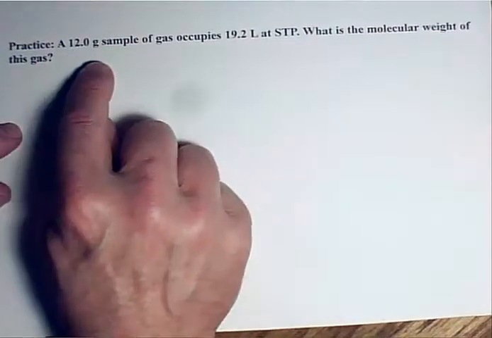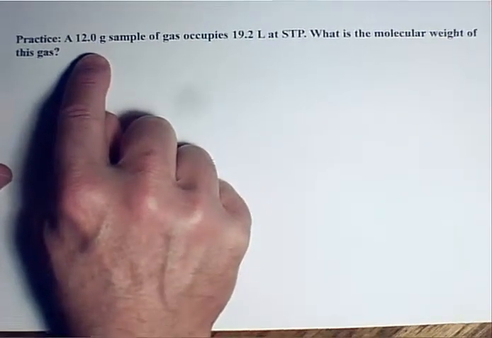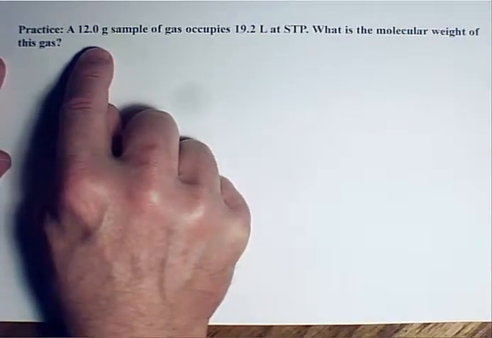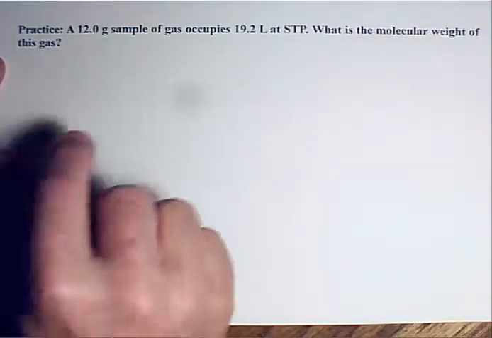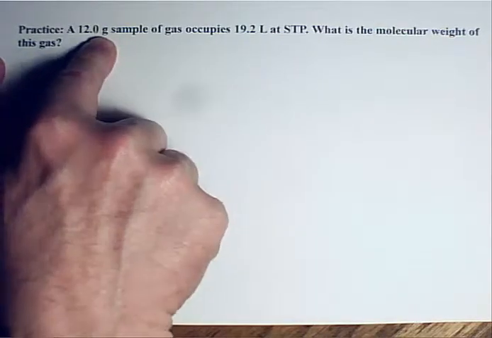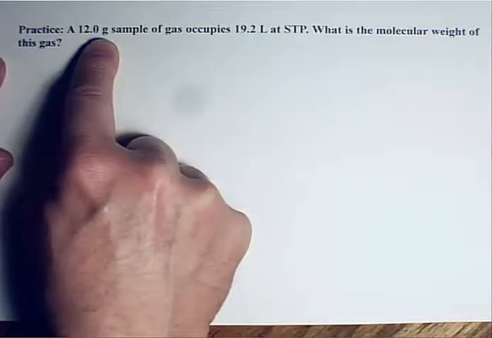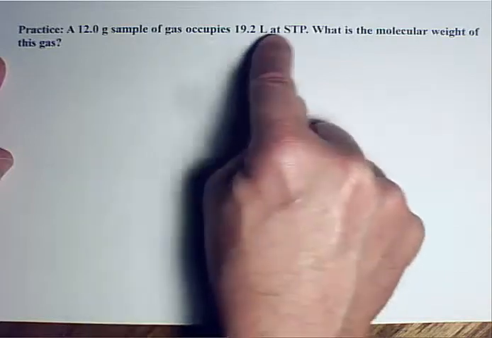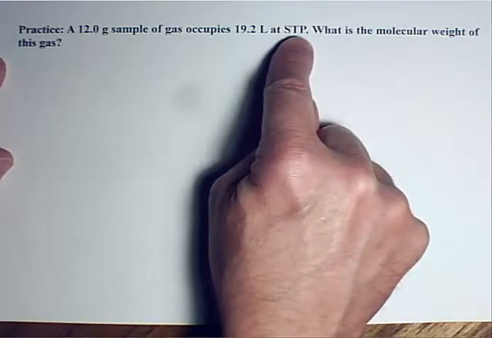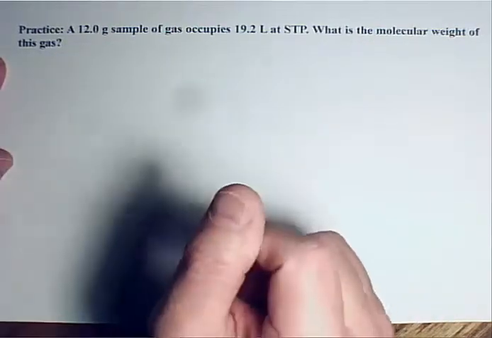So for this practice problem then, we can use the standard version of the ideal gas law, PV equals nRT. We'll have temperature, pressure, volume, grams. So what we would have to do is find moles, and then we would use grams per mole to calculate molar weight.